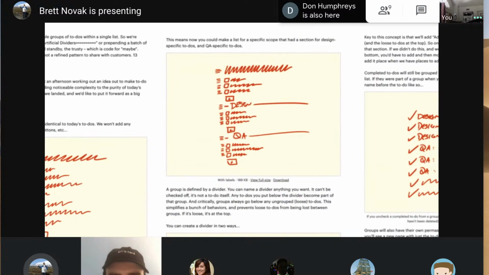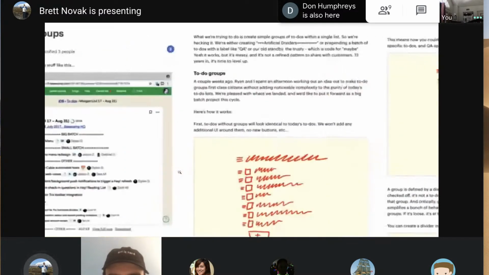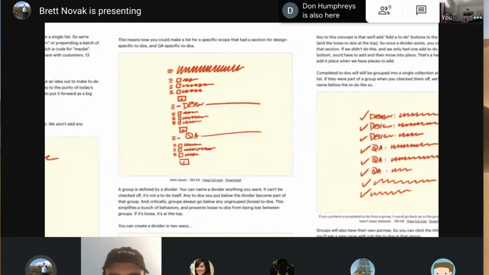You can create a new group by selecting a couple to-dos and then saying create a new group, and automatically it creates a new group that's unnamed. It's pretty detailed in my opinion. I like how they're that detailed. It's those small details that help restrict the scope to the appetite. Mm-hmm. So I really like that.